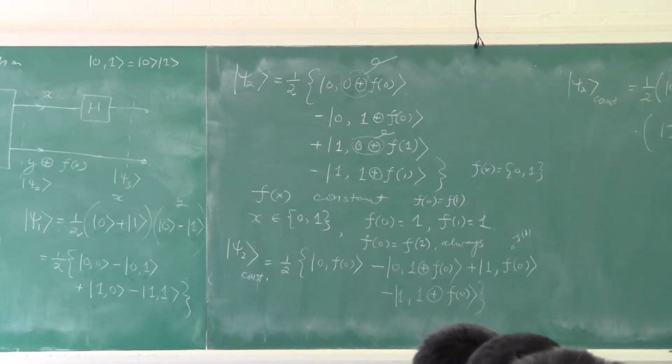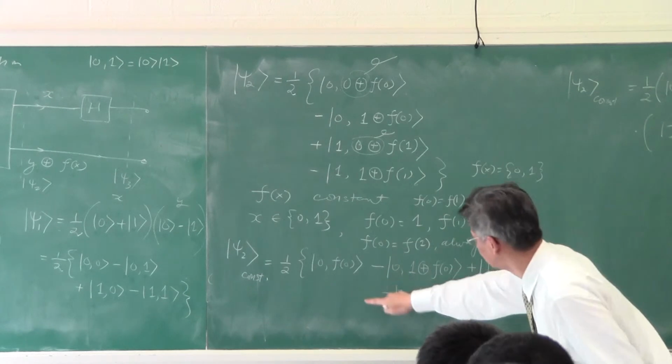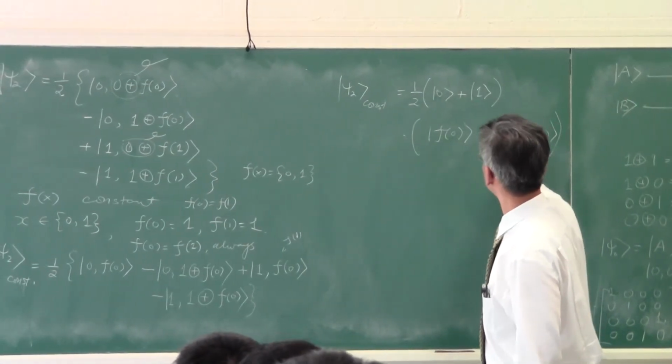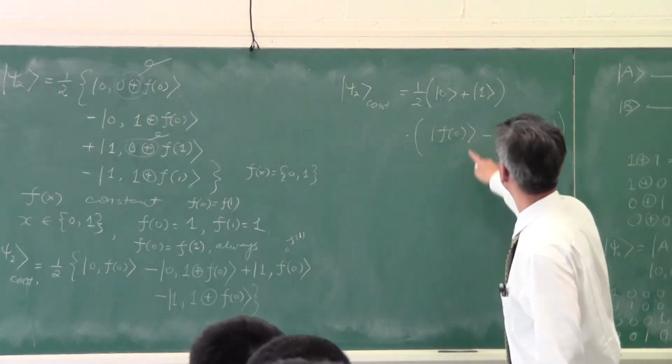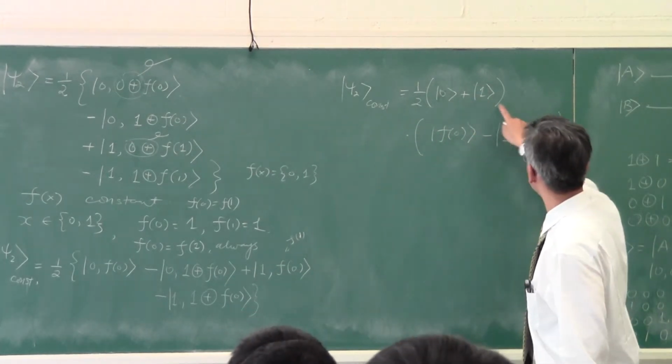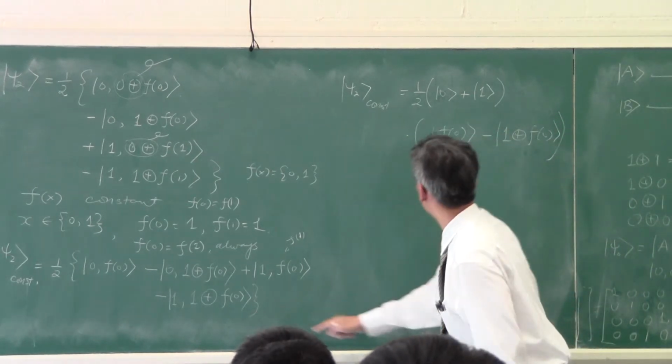Okay, I will get all the four terms there. Let's check if it's correct. This term times this term gives me the first term, this term times this term gives me the second term, this term times this term gives me the third term, and this term times that term gives me the last term.